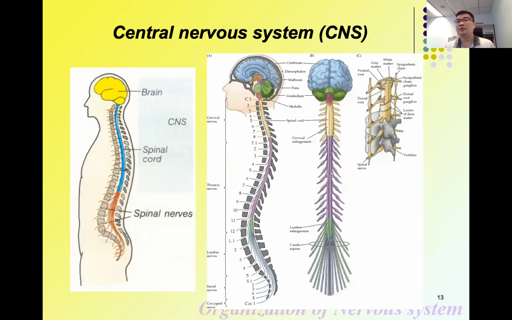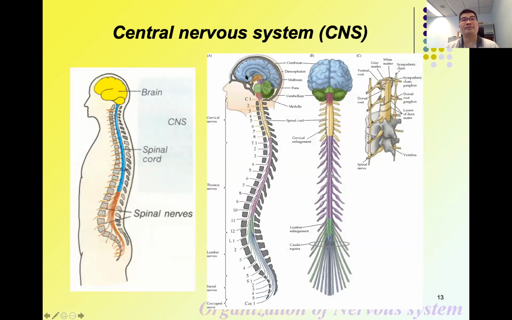So now we start to talk about the central nervous system. Here is the central nervous system. This is the brain. This is the spinal cord coming down. Here is another better picture.